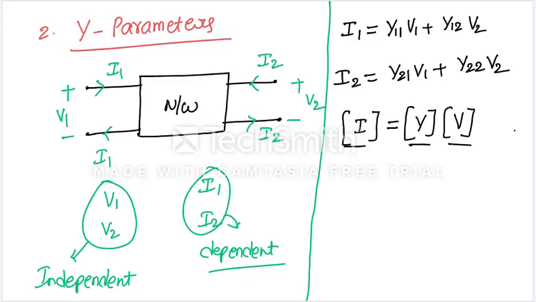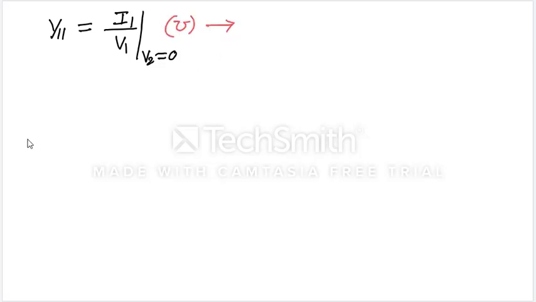Now we'll see these parameters one by one. How to find these parameters? First one, y11 is I1 by v1 when v2 equal to 0, and the units are mho. Same port means driving point.